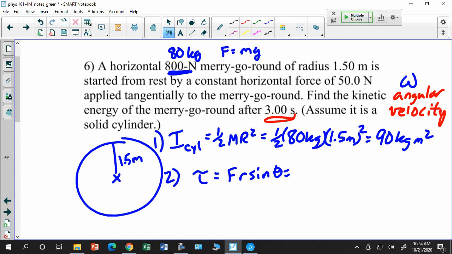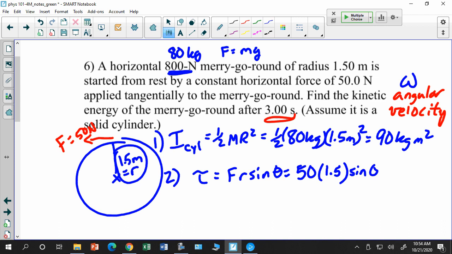F is applied at the edge of this merry-go-round, and F is equal to 50 newtons. So it's going to be 50 times R, which is 1.5 meters, times sine of theta, which is sine of 90.